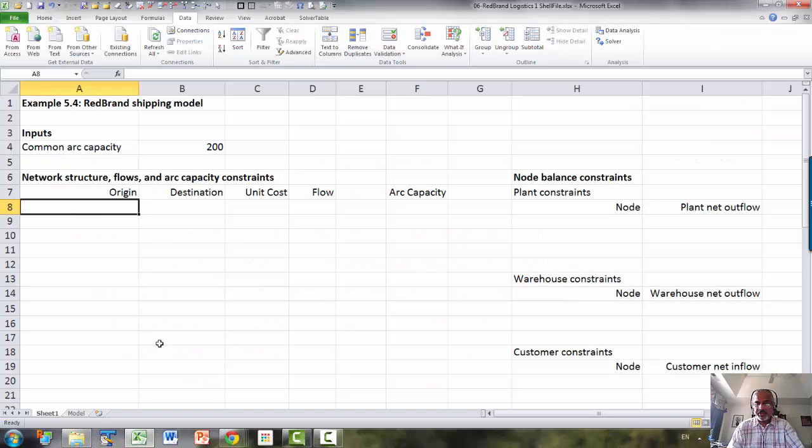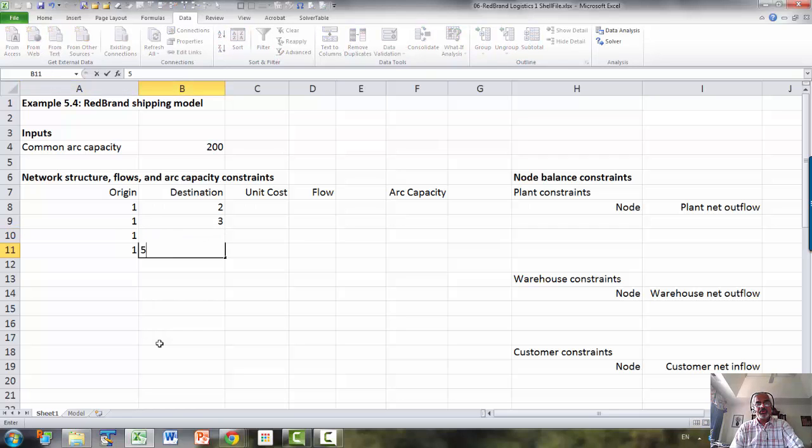So we need to set up 1 to 2, 1 to 3, 1 to 4, 1 to 5, 1 to 6, and 1 to 7, the same way we did in the previous problem. And the costs then are 5, 3, 5, 5, 20, and 20.